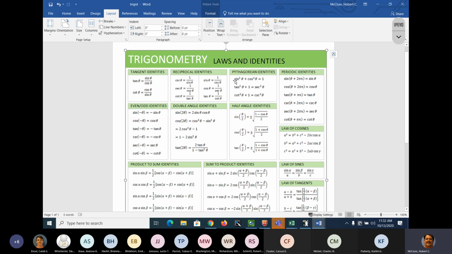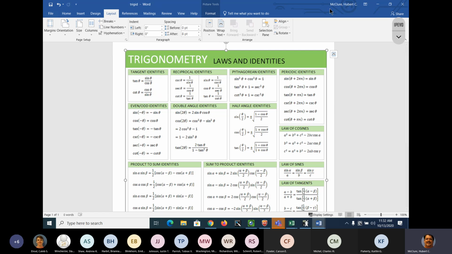Sine and cosine are also in the Pythagorean, also in the reciprocal. So if you can change something into sine and cosine, it might be beneficial to you. Now we're going to be working mostly with these top 3 or 4 identities first, but then after a while, you're going to start to see, well, heck, all you got to do is plug and chug. Just find one and plug and chug. And that's true. All right.